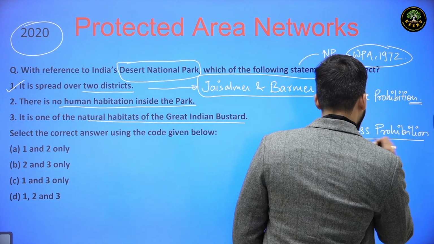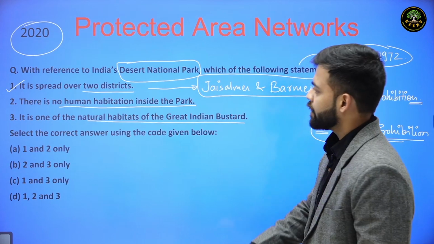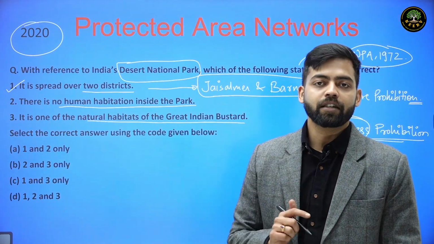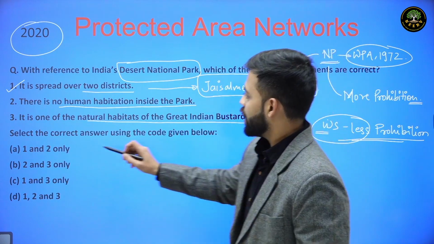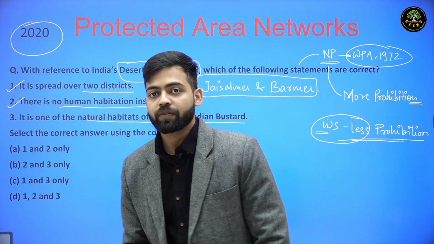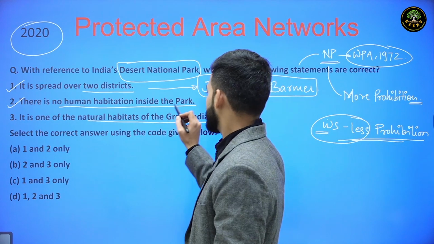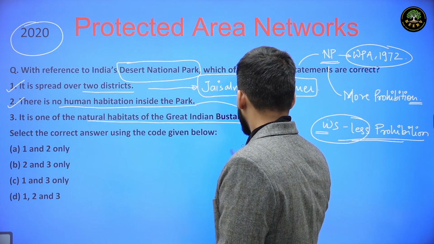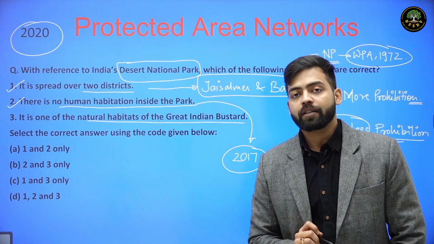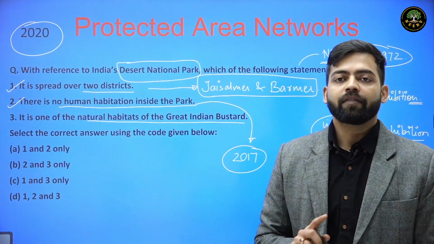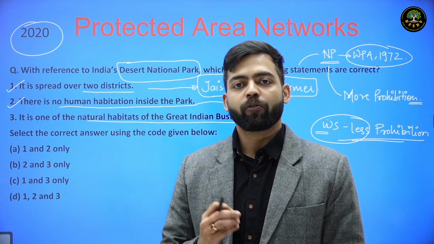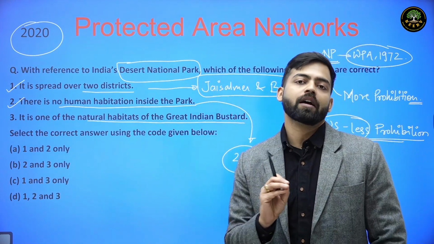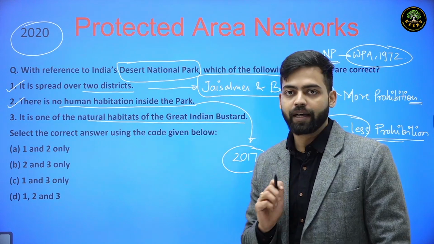human habitations are not allowed in a national park, but there are various tribes that are already located inside the Desert National Park. So they have been allowed as far as the Supreme Court order is concerned. In 2017, the Supreme Court ordered that these communities living inside the Desert National Park should be provided with basic amenities because construction activities are not allowed inside the national park area.